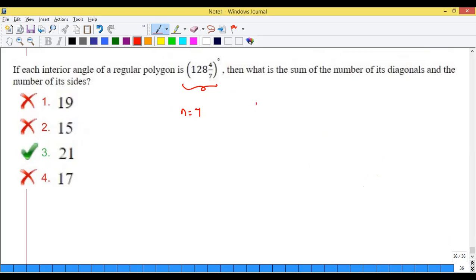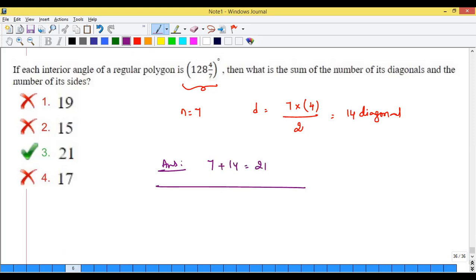Sides 7, diagonals are 7 into 7 minus 3, 4 by 2. How many diagonals are there? 14 diagonals are there. Therefore, what is the answer? Sum of 7 plus 14 is 21. Is it clear? We'll see more questions tomorrow, but this is it for today.